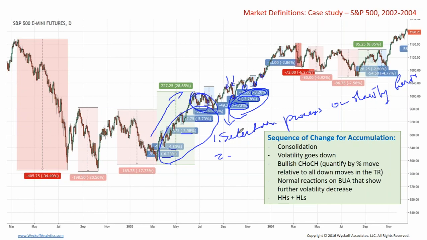But the second key here is going to be to follow the normal reaction characteristics as they unfold, and then anticipate that the volatility is going to remain the same, with an assumption that the trend is going to continue.